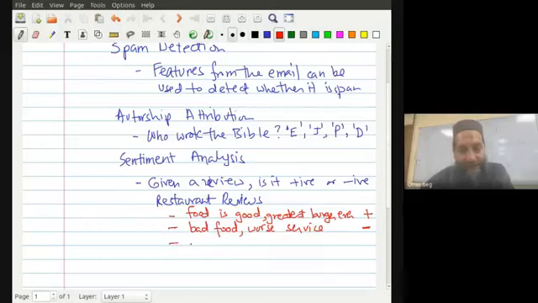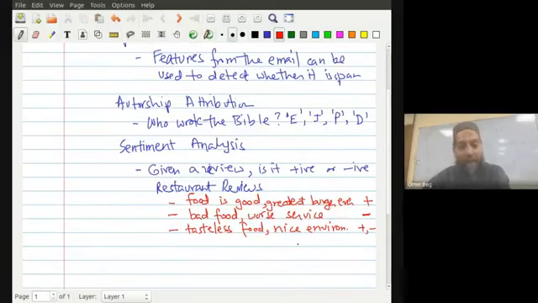However, there can be other reviews which can say tasteless food, nice environment. Now, this contains both positive and negative, and perhaps can be classified as neutral. So, these are the things that we'll be looking at in this lecture today.